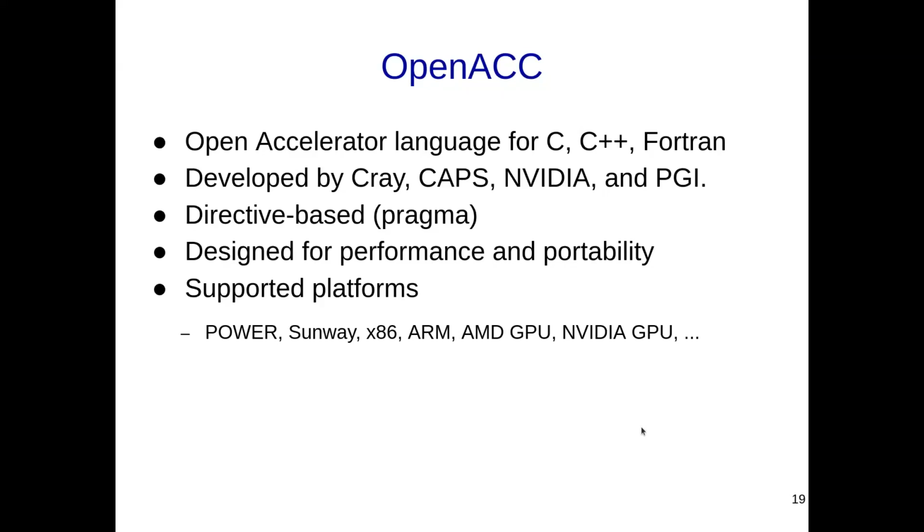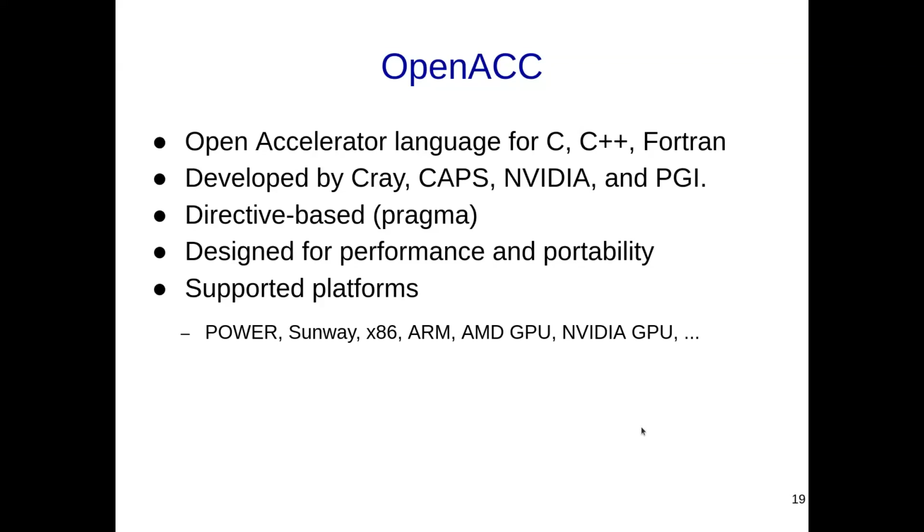But the hope is that eventually people will start adopting it, and you'll be able to run it on a large variety of platforms. So take this portability with a pinch of salt. Portability doesn't mean that you will be able to run it on any arbitrary platform. It means that you'll be able to run it on accelerators as long as somebody has created a compiler which adheres to the OpenACC standard.